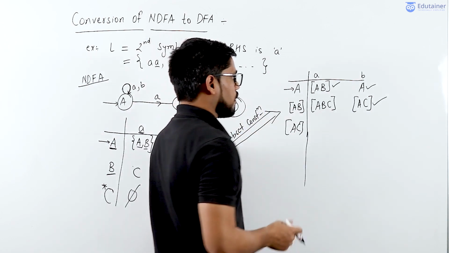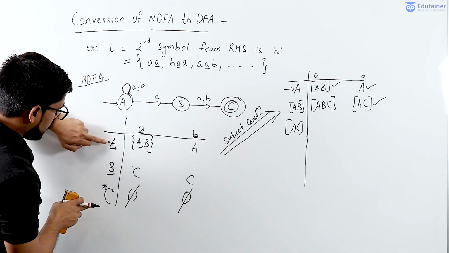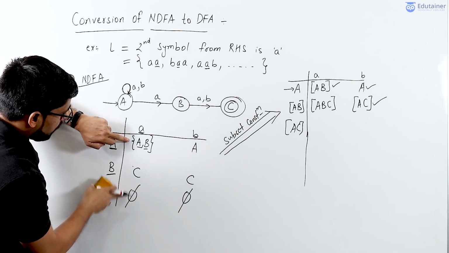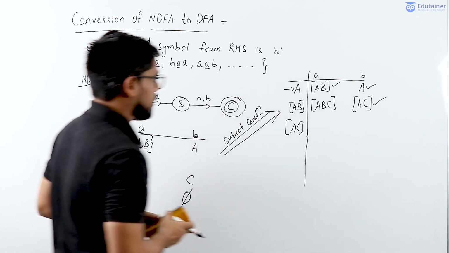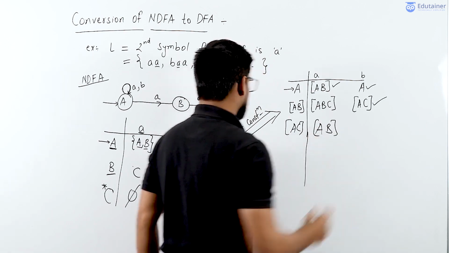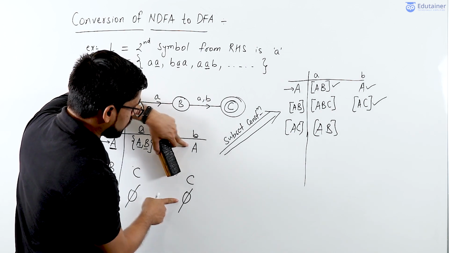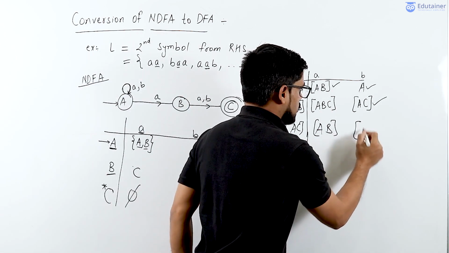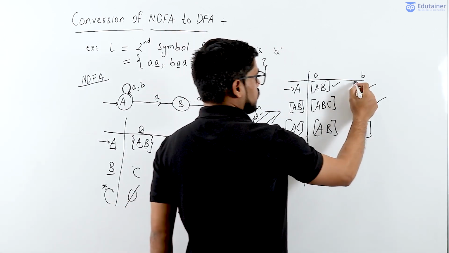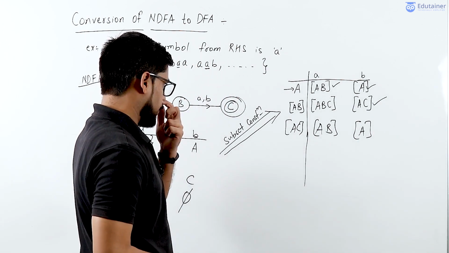So on AC, what you do here is pick A as a state and C as a state and union them: A, B and phi. What will we get here? We will get AB as a single state. And here also A and phi. If you union them, you will get A as a single state. Here also you can write them in square brackets.